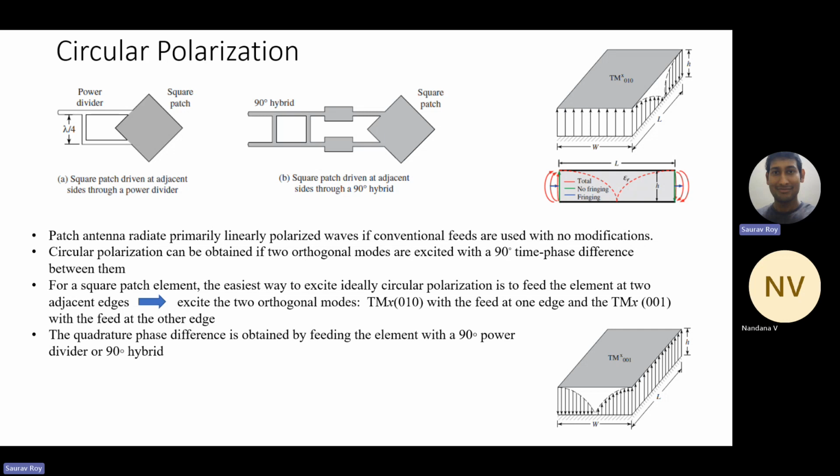That is exactly what has been done here: at two different points across the length and width, they have connected the feeds. Do you see the first one, picture A? Now you see there is an extra lambda by 4 line.